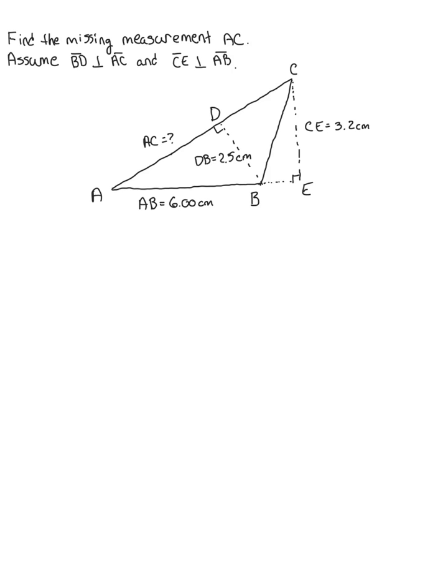One other way we can solve this problem is through the use of area. So the area, and let's use blue, the area of a triangle is 1/2 times the length of the base times the length of the height.